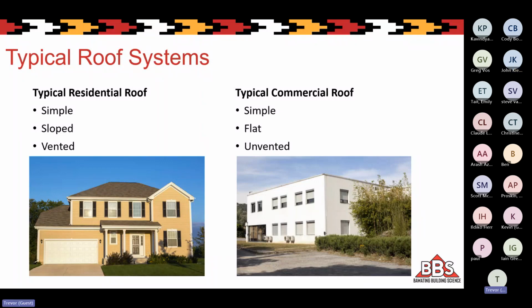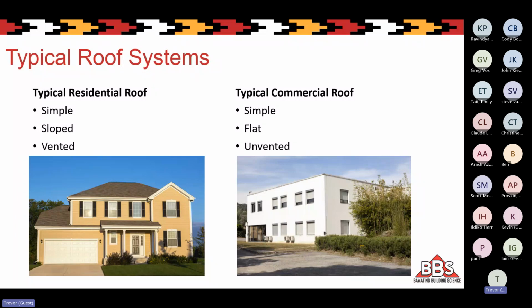Okay, no worries. Then the other type of roof we see in the industry, not in residential but more commercial, are these flat roofs that you see everywhere. Like every warehouse you see has a flat roof. These are obviously simple roofs. They're flat and they're unvented, and they have a very good track record of working also. So both of these systems have worked really well for us over probably the last 100 years of construction in Canada.